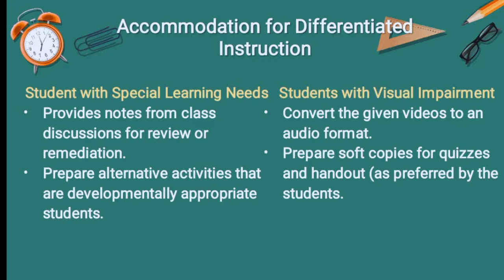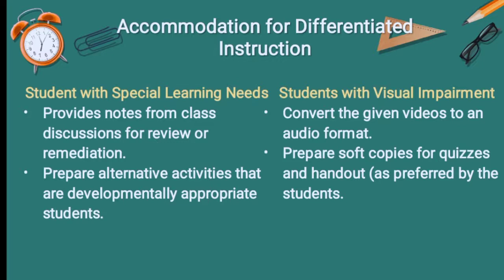So we all know that there are slow learner students, so they hardly understand what the teachers discuss during a lesson. So the teachers can provide notes for them to review or for remediation.